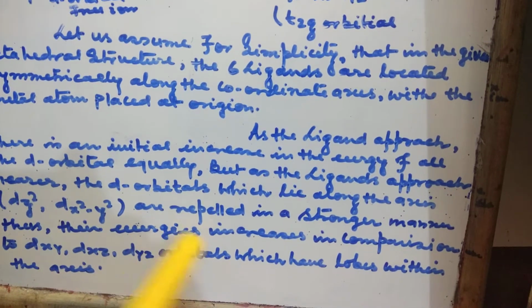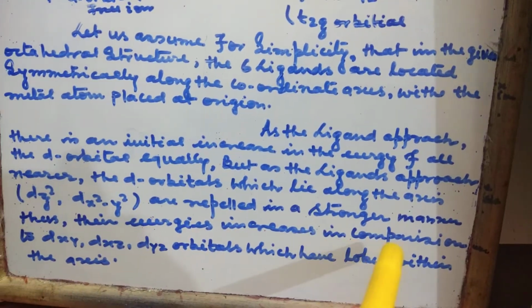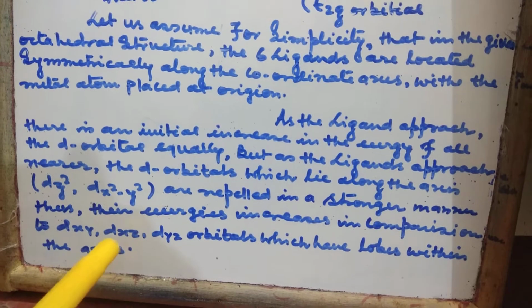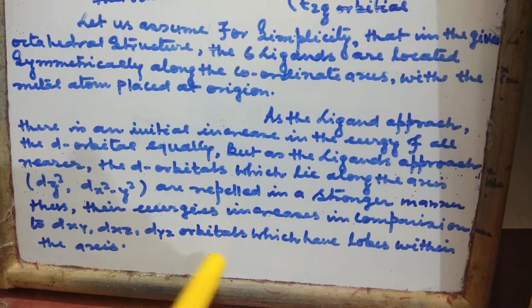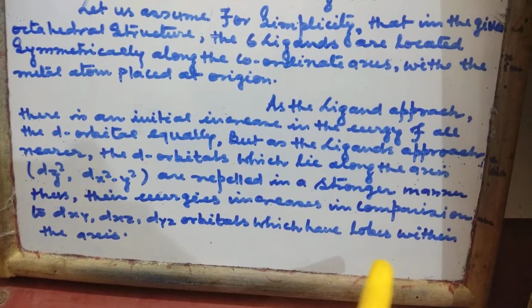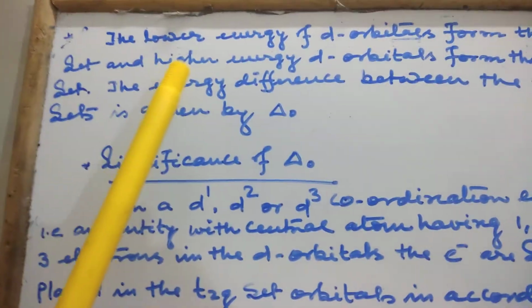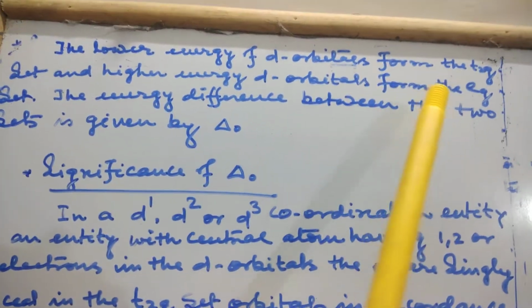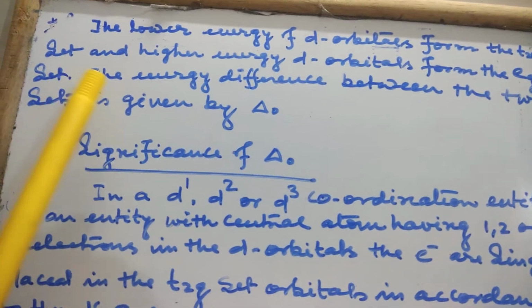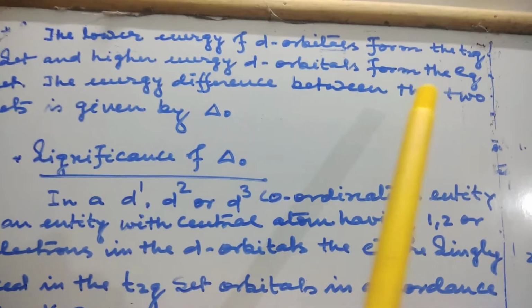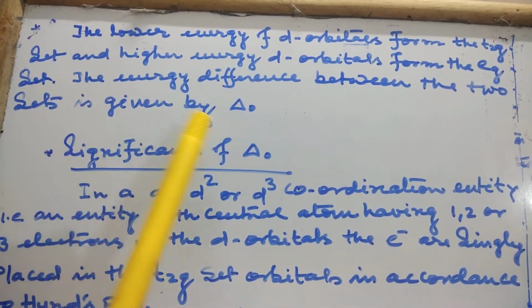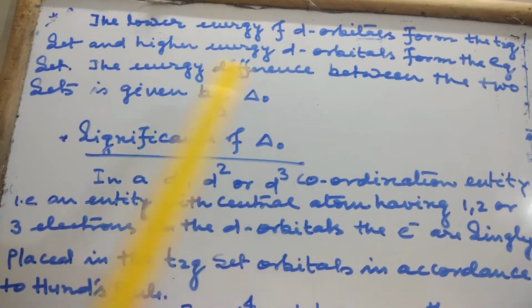Thus their energies increase in comparison to dxy, dxz and dyz orbitals which have lobes within the axis. The lower energy d orbitals form the t2g set and higher d orbitals form the eg set. The energy difference between the two sets is given by delta naught.